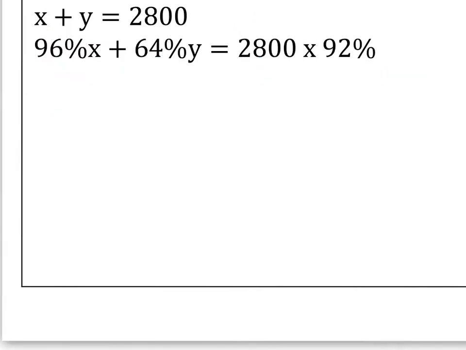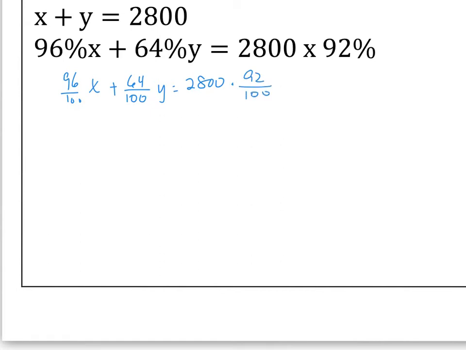Okay, let's take a look at this problem, which involves bigger numbers, and let's see if we can first simplify one of these equations to make it easier. So the second one, I can rewrite it as 96 over 100 x plus 64 over 100 y equal to 2800 times 92 over 100.